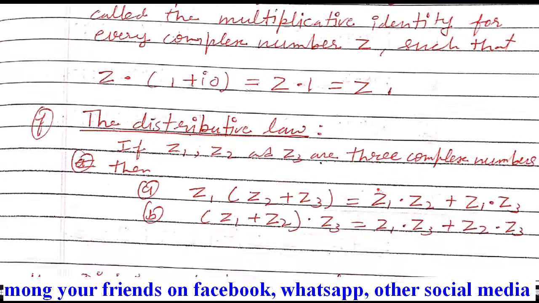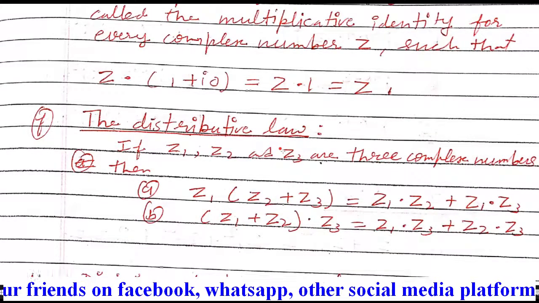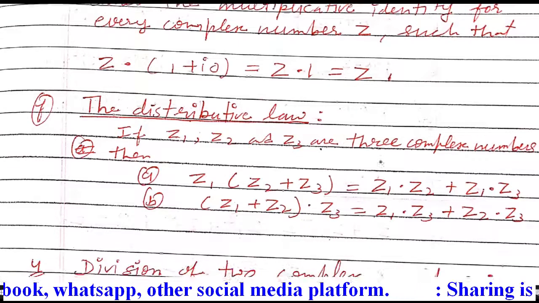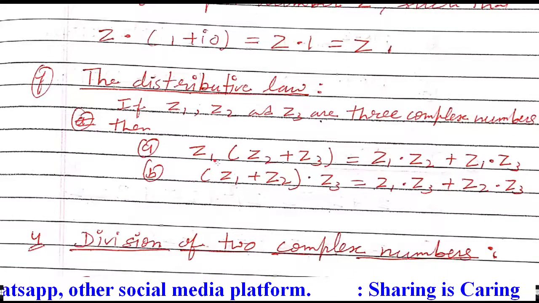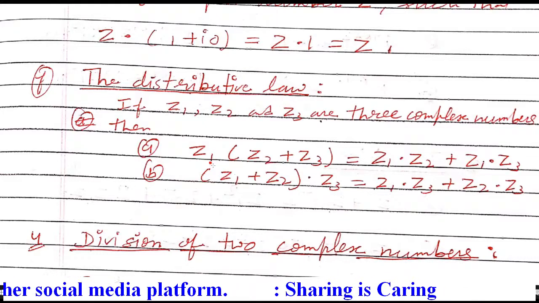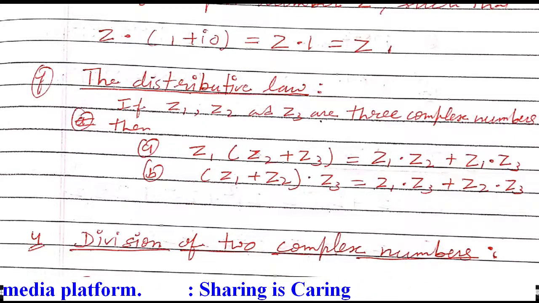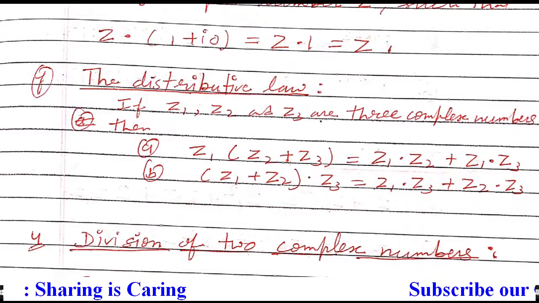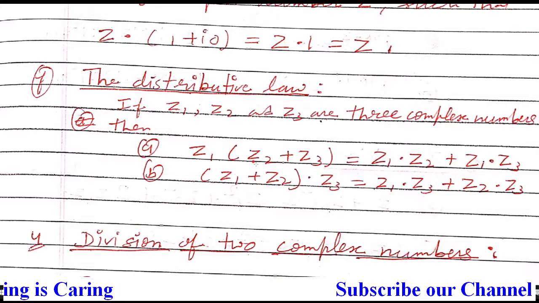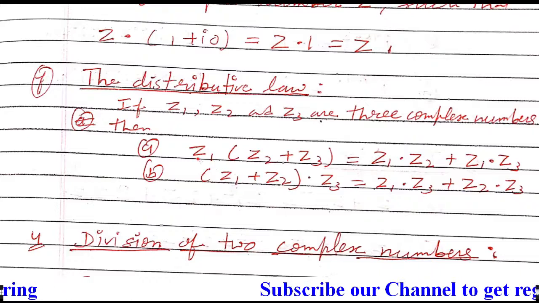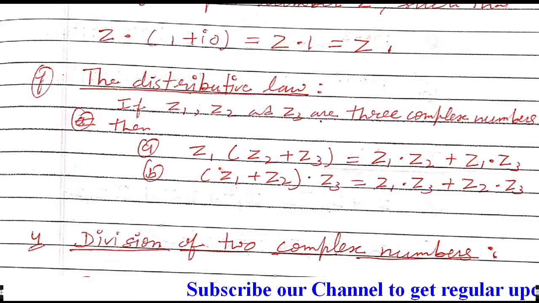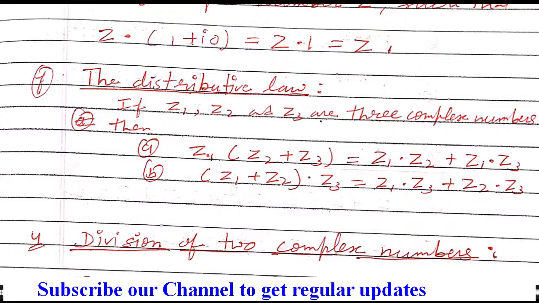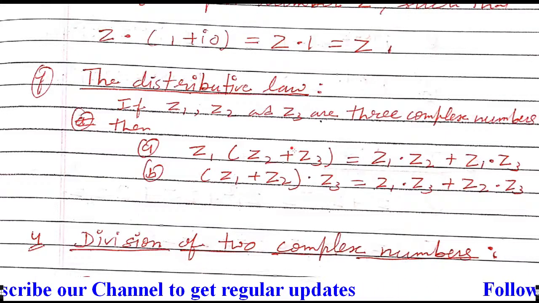Now we are going to understand the distributive law. So if we have z1, z2 and z3, three complex numbers, then distributive law means you have to distribute. If z1 is outside and in the bracket two complex numbers are in addition, multiplication or subtraction, then when you open the bracket, z1 will move to both. Just like in real numbers, when we open the bracket, whatever is outside multiplies one by one with all the numbers.